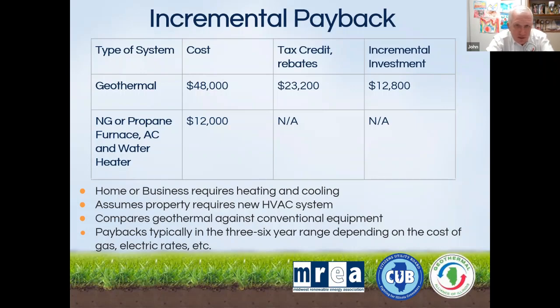It all depends on the cost of gas. Most of you probably saw what happened with gas prices in the past year with the Ukraine situation, et cetera. Gas prices have been very high, so it helps the payback much more quickly. But this just gives you an idea of what the dollars would look like.